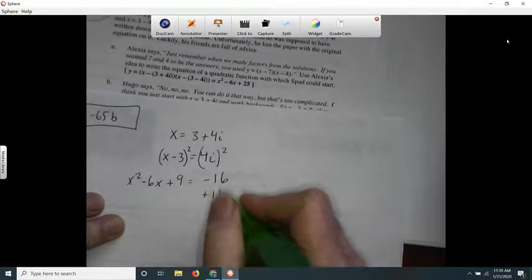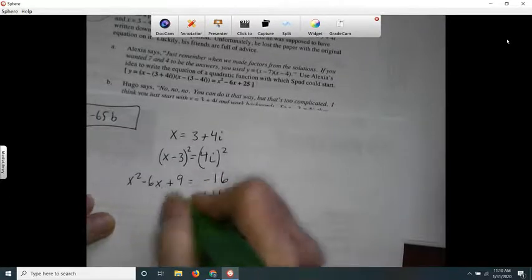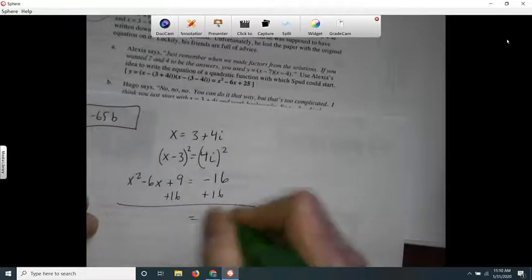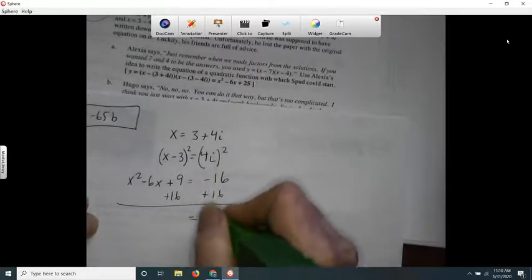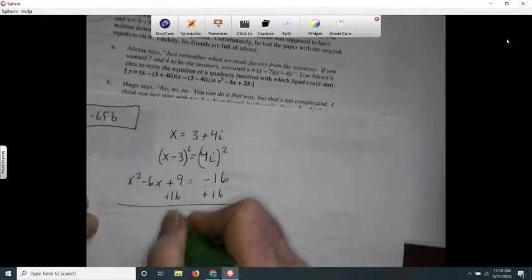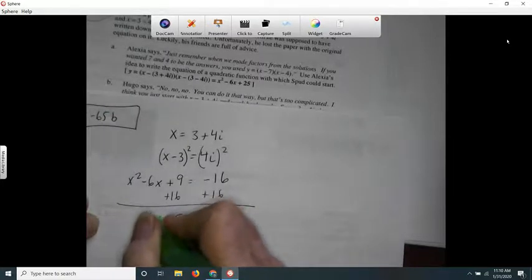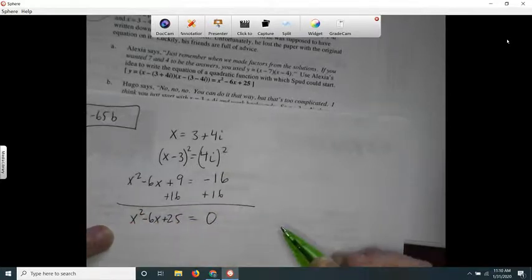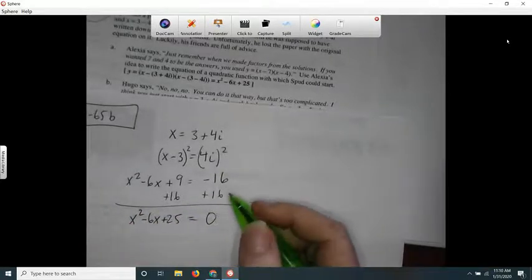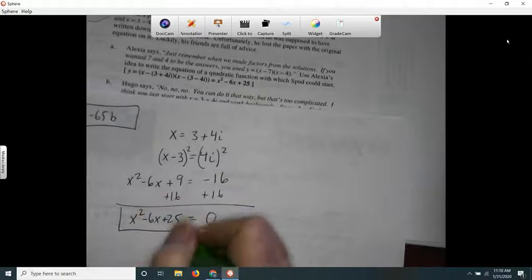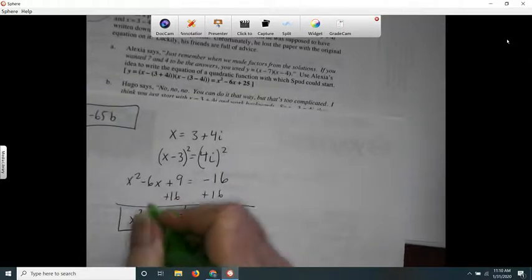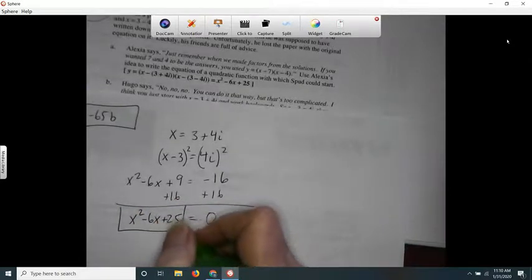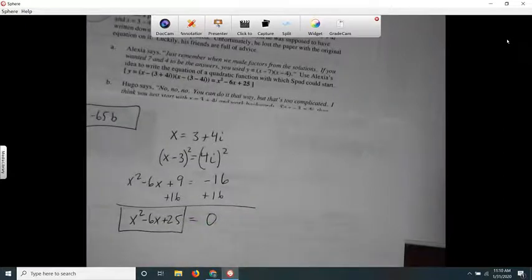It doesn't make sense why this works to me, but this is much faster. Didn't that give us the same thing that we got last time? So that must be the quadratic that Spud started with. So we tried Hugo's method.